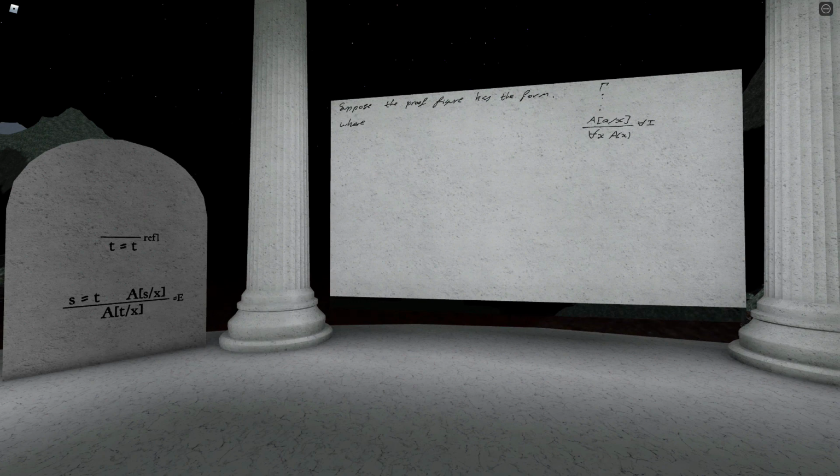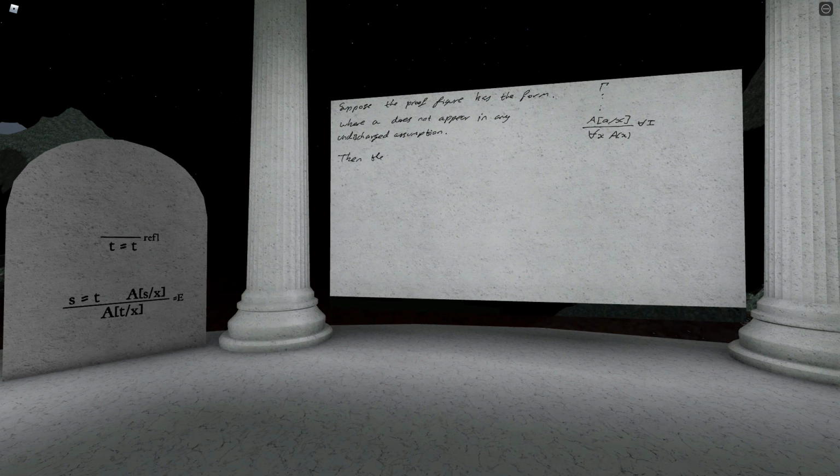As a reminder, if this is a valid proof figure, then we have where a does not appear in any undischarged assumption. I'm foreseeing a hiccup that will become a sort of lemma to prove, but I hope you'll believe it.